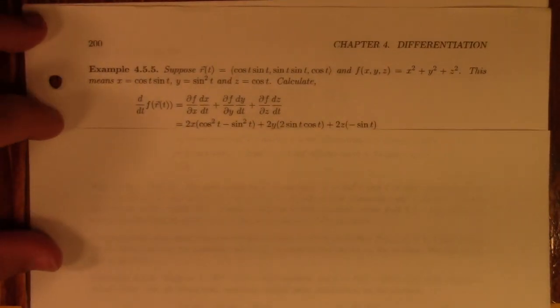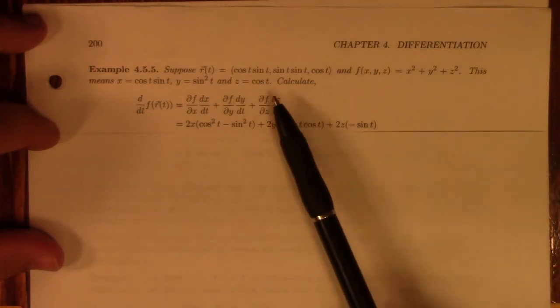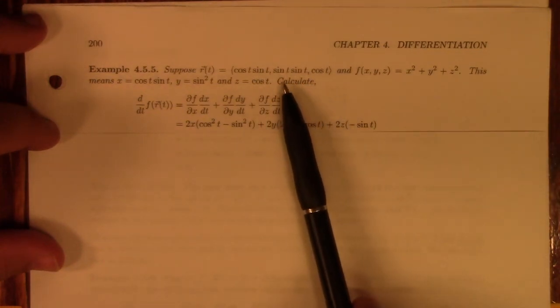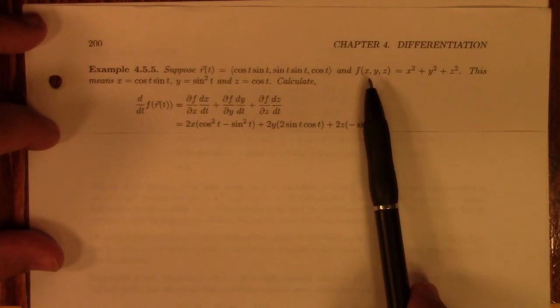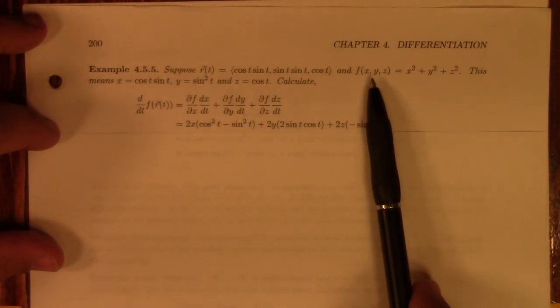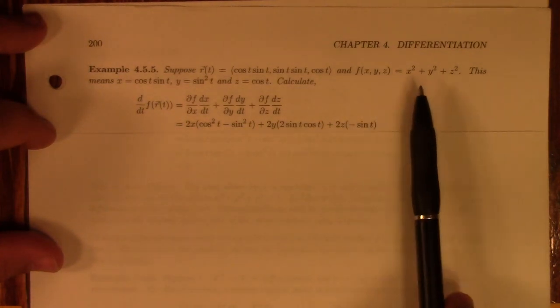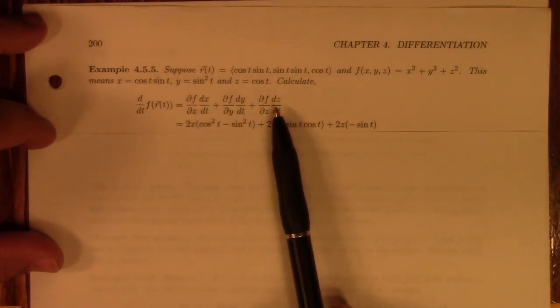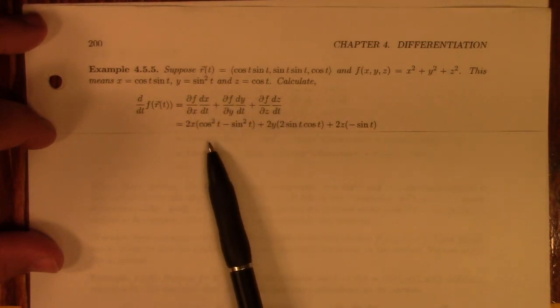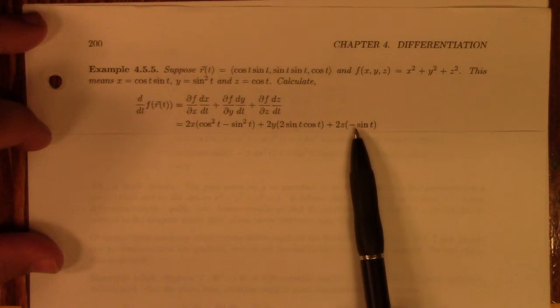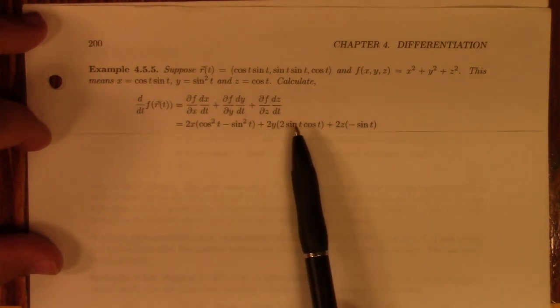Here's another example. This time I've got a path in 3 dimensions, with intermediate variables x, y, and z, so that means I get 3 terms in the chain rule. And here's the implicit answer using intermediate variables.